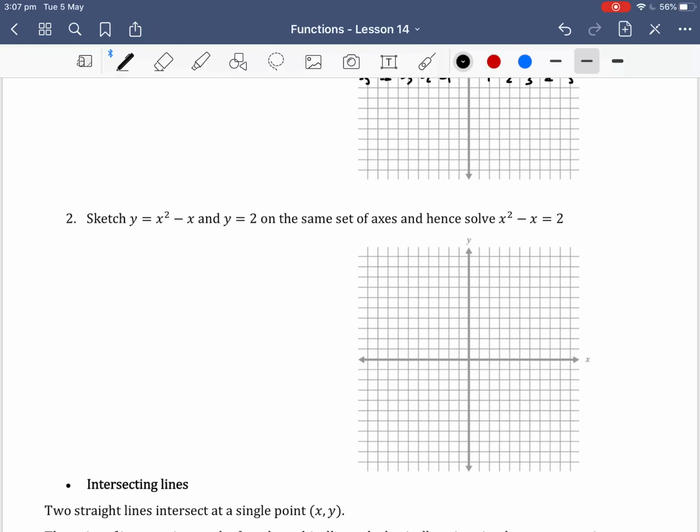For example 2, we want to sketch x squared minus x on the same axis as y equals 2. So what we're going to do for this one is first sketch y equals 2, but we need to make a scale on our axes.